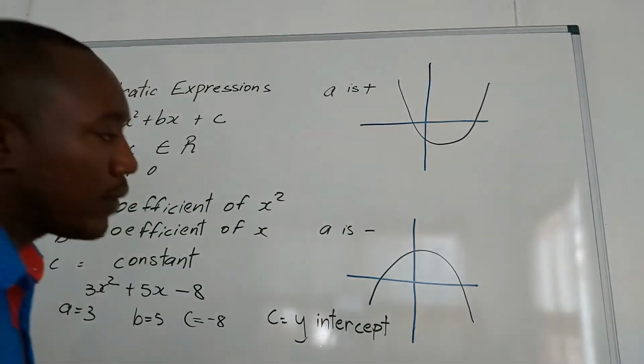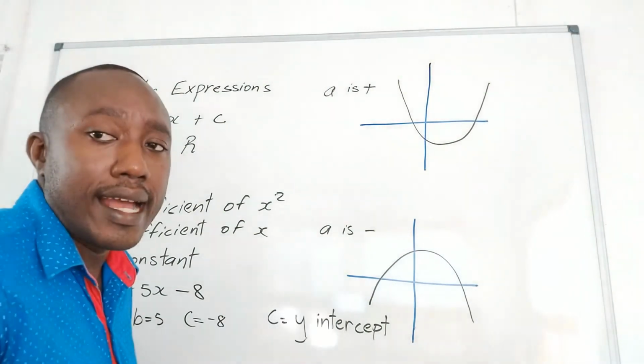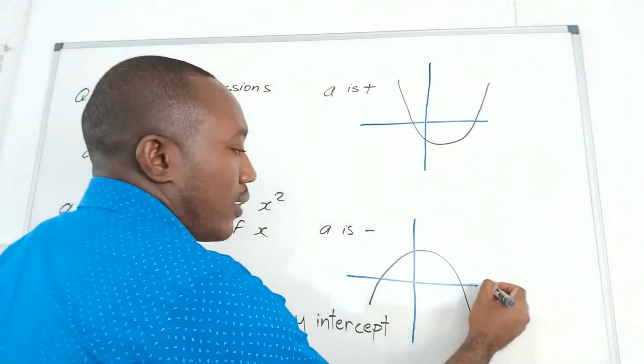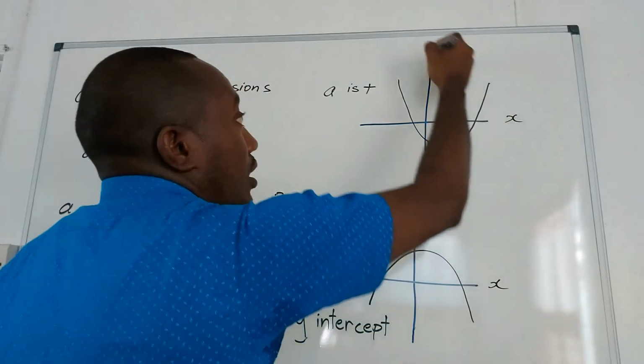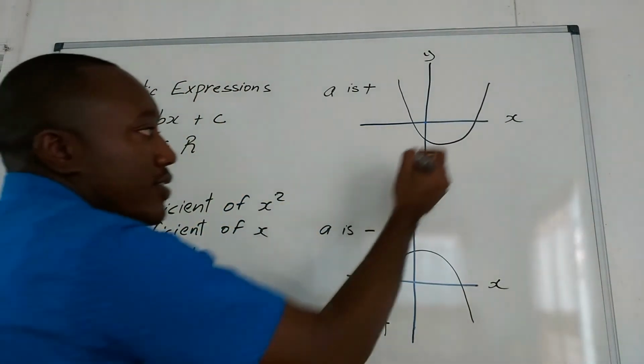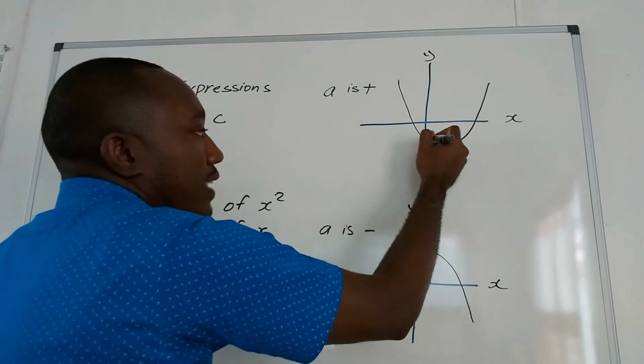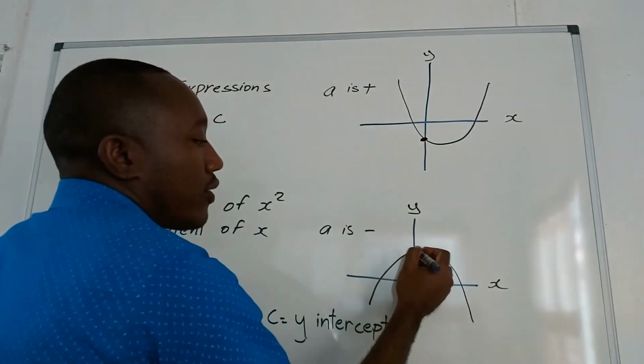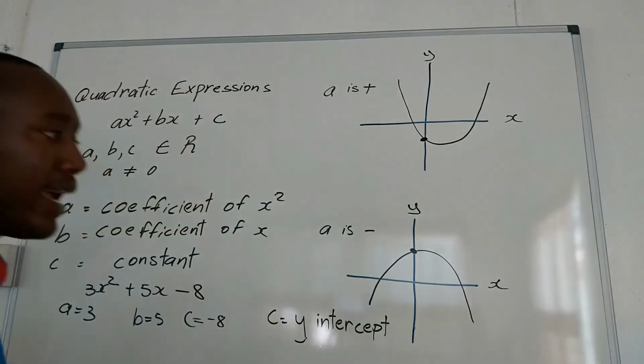The y-intercept is where the curve cuts the y-axis. So this is our x-axis and this is our y-axis. The c represents this value here, right at the point where it cuts the y-axis.